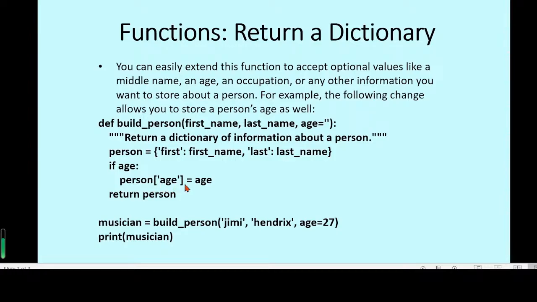The key is age and the value is the age the user inputs. Then in the end we return this person dictionary. So when you call this function, you input Jimi Hendrix's first name and last name, then you add a key-value pair like age equals 27. Then musician will be a dictionary with key-value pairs for first name, last name, and age.